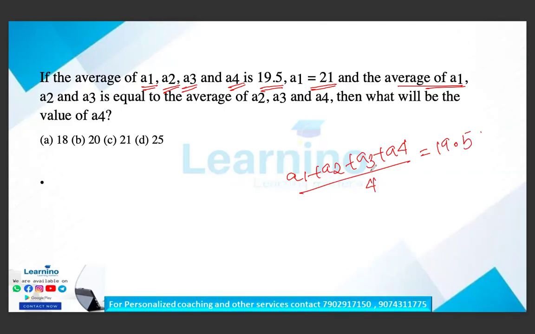A1 is equal to 21. Average of A1 plus A2 plus A3 divided by 3 equals average of A2 plus A3 plus A4 divided by 3.